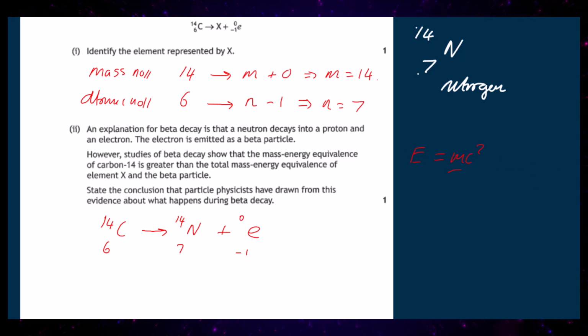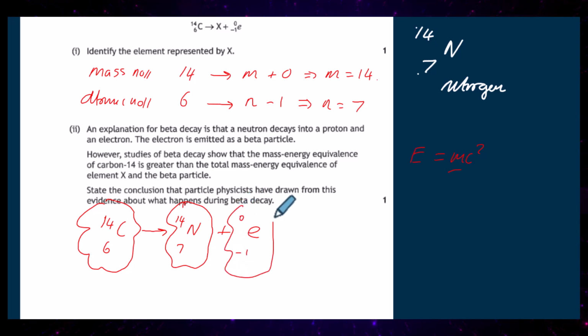But when we look at this reaction and add up the total mass energy of this side and the total mass energy of each of these, we find out that there's something missing. That is bigger than this here. So in order to balance out the total mass energy equivalence, we have to have another particle here.